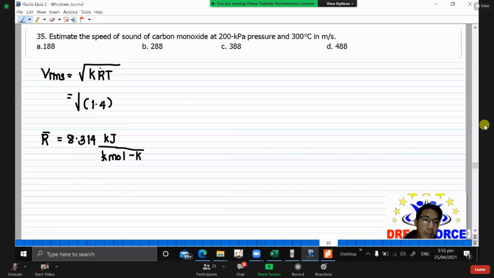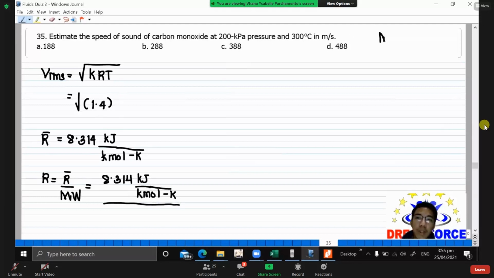Okay, but ang tinatanong dito is carbon monoxide. So hanapin natin yung R ng carbon monoxide. Ang ginagawa natin, yung ating universal gas constant, i-divide natin ng molecular weight. So 8.314 kilojoules per kilomole Kelvin, divided by molecular weight.